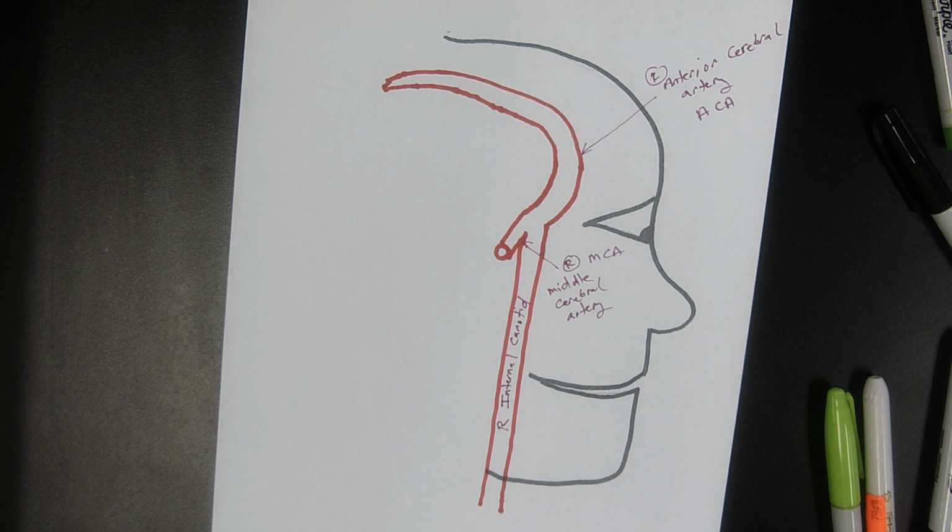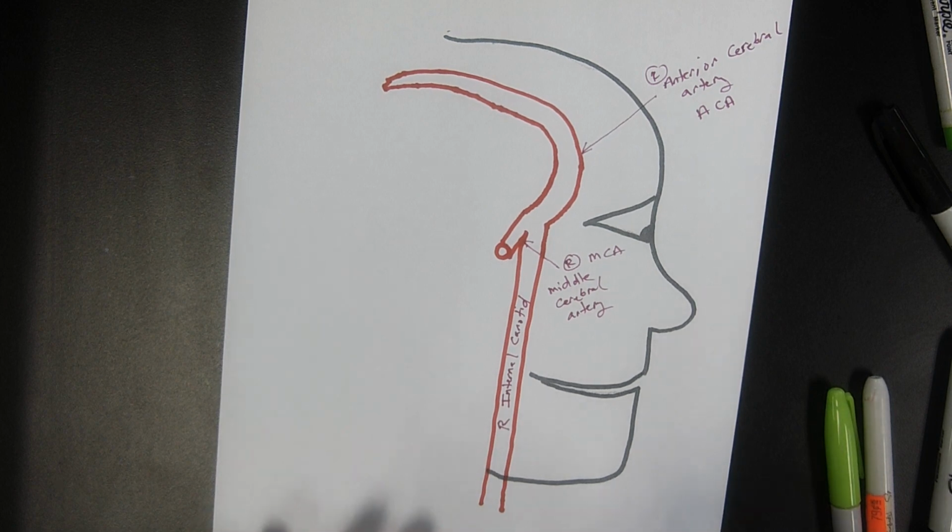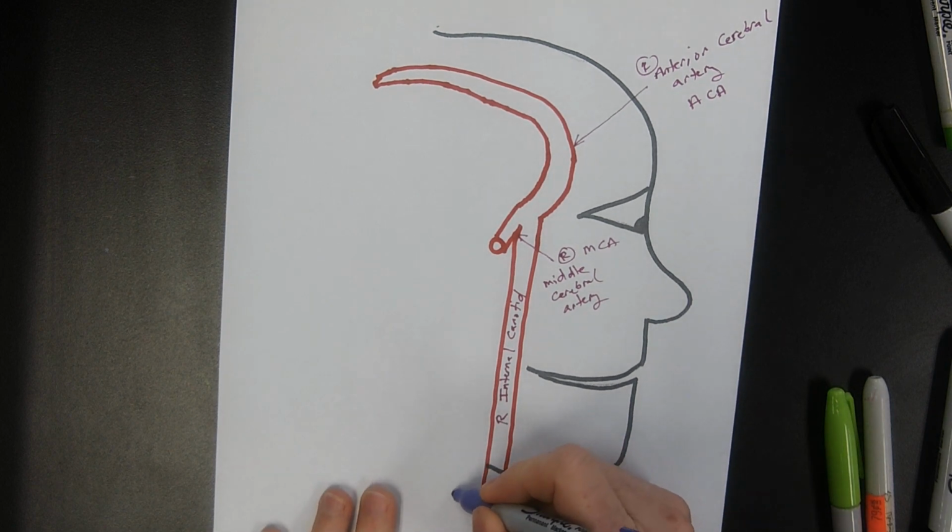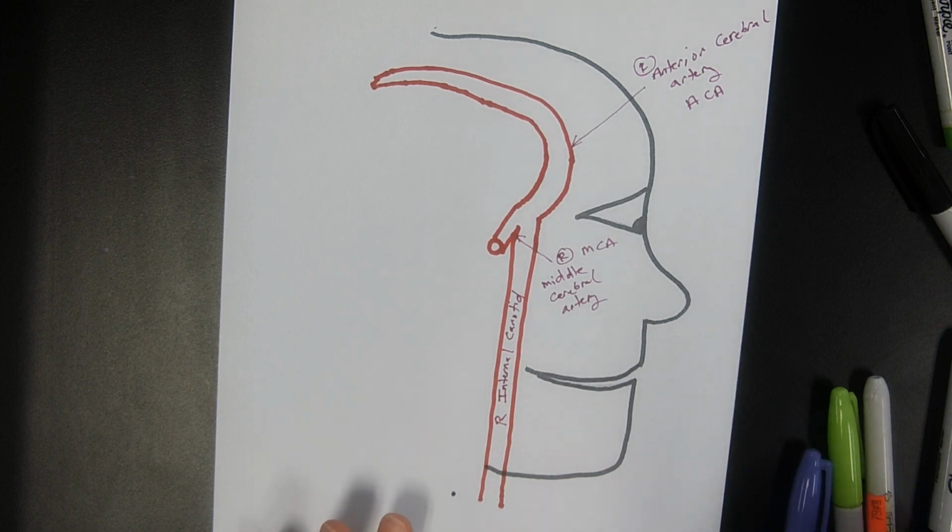Now, what I'm going to try and do as best I can, I'm trying to keep it as close to red as possible. The best I have right now is purple, so I'm going to try and draw the left side of the system on the same page. Actually, let's try it in red.